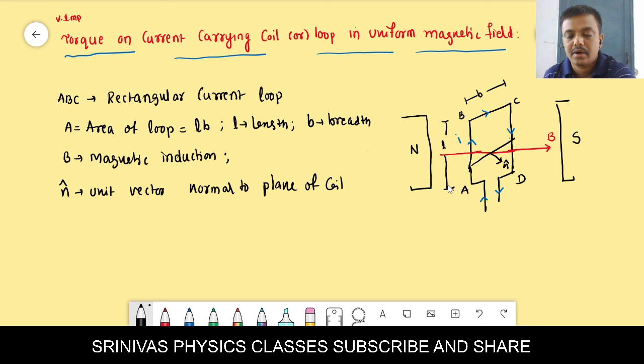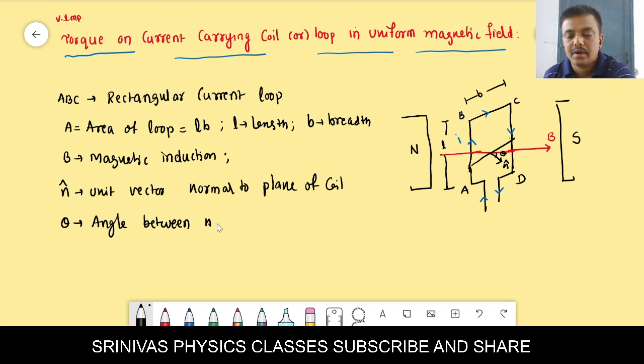Now this normal to the plane of the coil makes some angle with the field. That angle I am going to take as theta. Theta is the angle between the normal to the plane of the coil and the field. See the figure, the terms are very important here, that's why I am explaining.